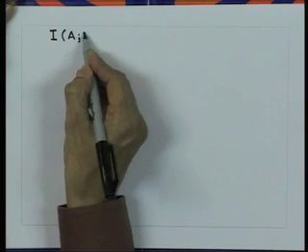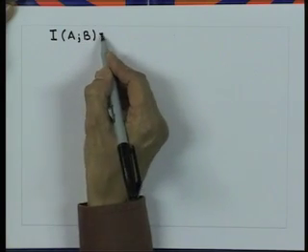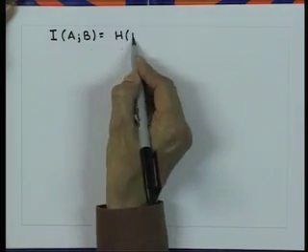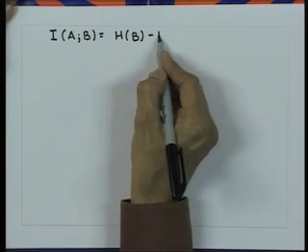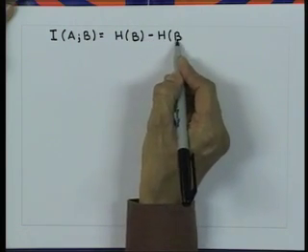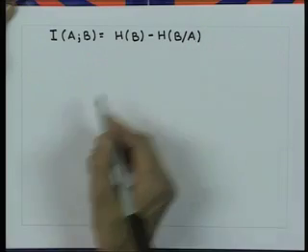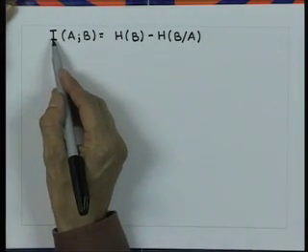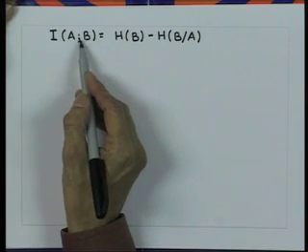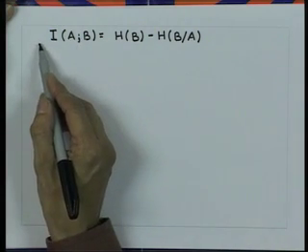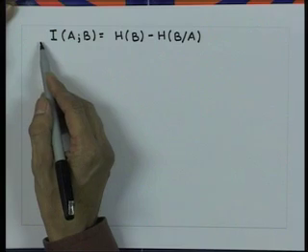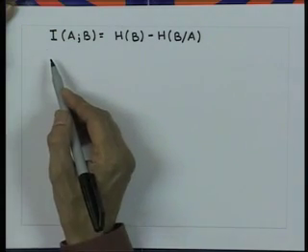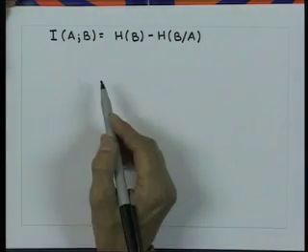Mutual information by definition is equal to H of B minus H of B given A, and the capacity of a channel is the maximum of I(A;B) over input probabilities.